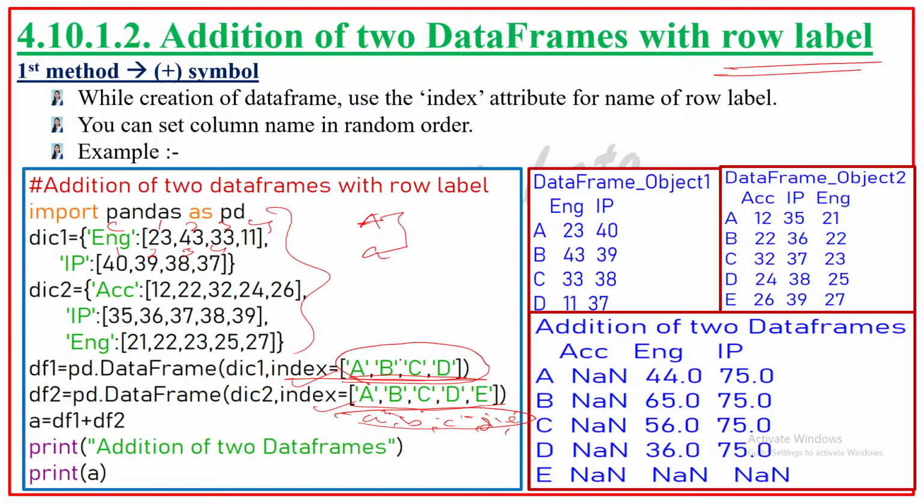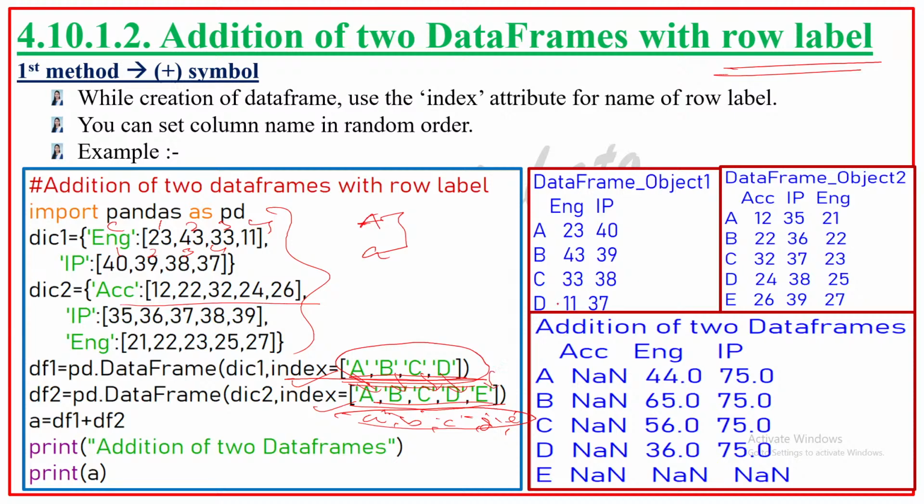Clear, children? So for column and row labels, you have to put some common names. Then numerical operations can be done. Look here, I used everything the same, just here 5 rows are available, so that is why E, one more index name, is required.